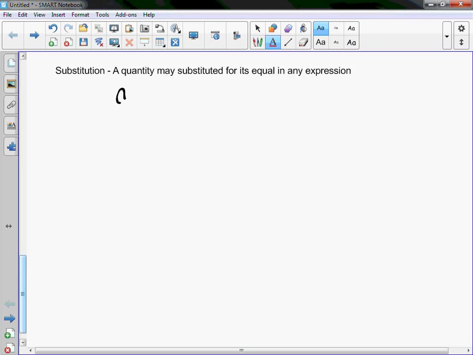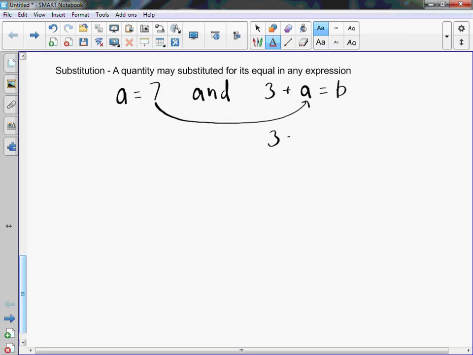So if you say that A is equal to 7, and over here you also have an expression that says 3 plus A equals B, then you can take the A, which is supposed to be 7, and put the 7 in where the A is in the other equation. So 3 plus 7 is equal to B, and that helps me evaluate B's value, which we know will end up being 10.